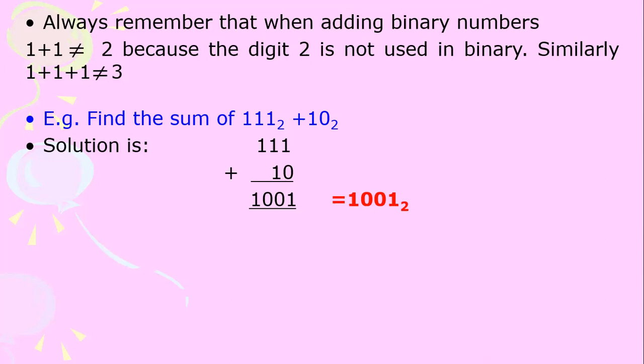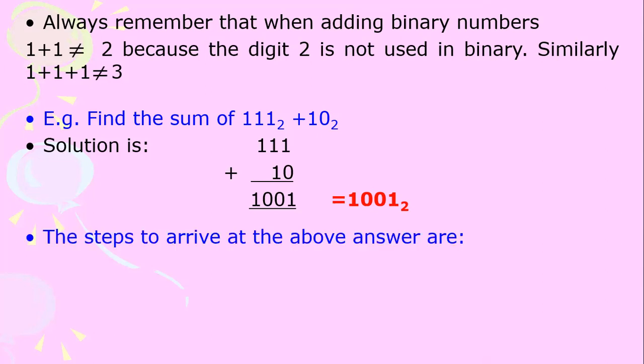Whenever there is no digit indicated, we can treat that gap as a 0. So 0 plus the 1 we have carried gives us 1. And therefore, our answer becomes 1, 0, 0, 1. And then we include the radix to show it is binary. And therefore, our answer becomes 1, 0, 0, 1 in binary.